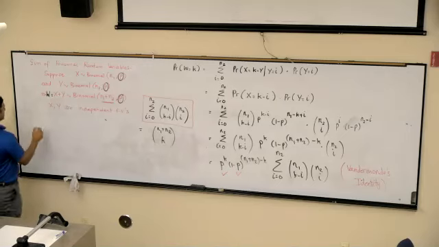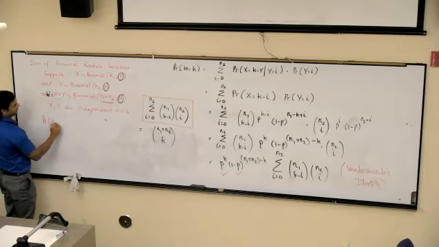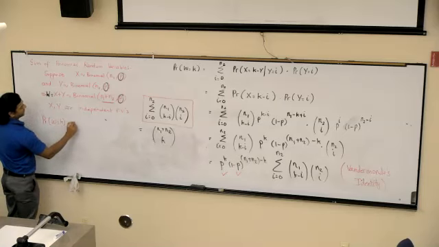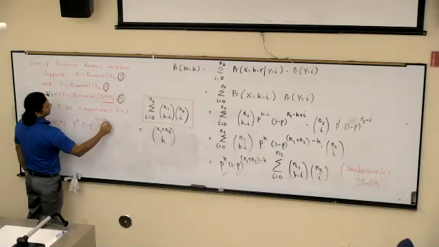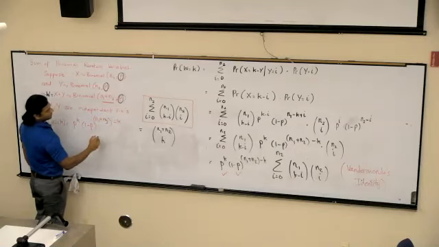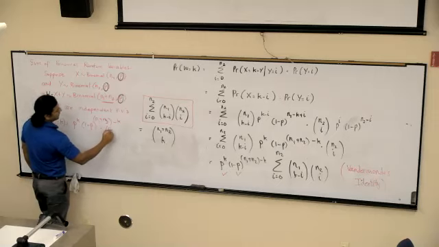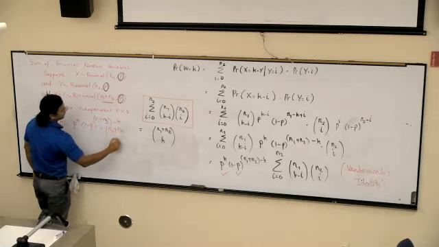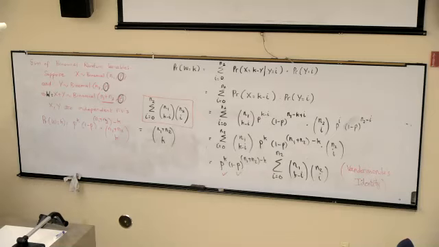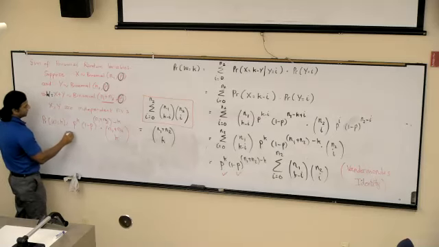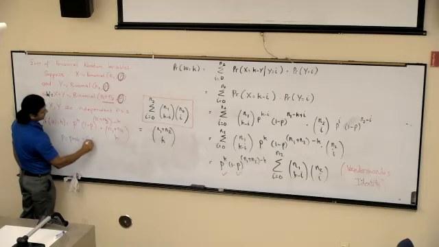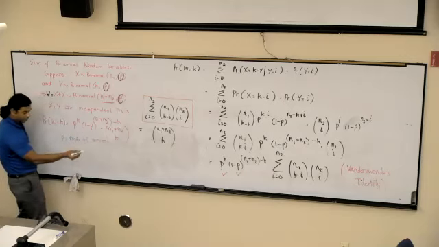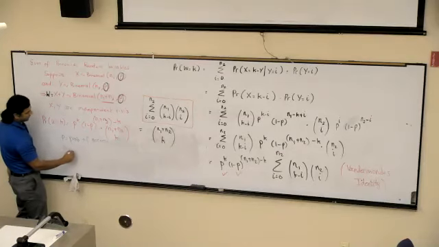So we conclude the probability W equals K is P raised K, 1 minus P raised N1 plus N2 minus K, multiplied by N1 plus N2 choose K. So the probability of success becomes P. The number of trials is N1 plus N2.